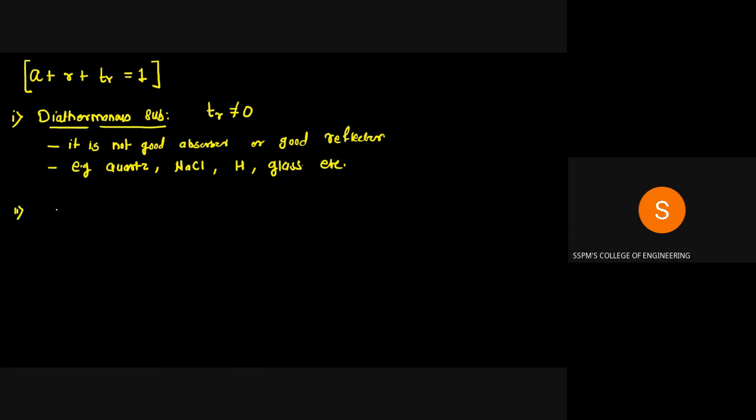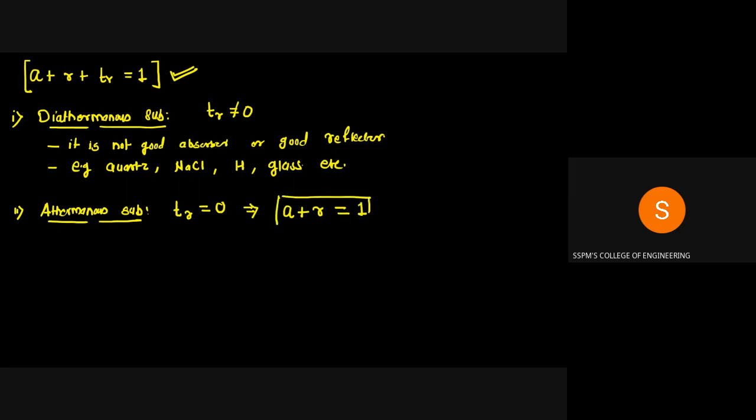Second is athermanous substance. For this substance, the transmission coefficient is 0. So no heat is transmitted through the object, and therefore from the basic equation we have A plus R, that is the coefficient of absorption plus radiation, equal to 1.